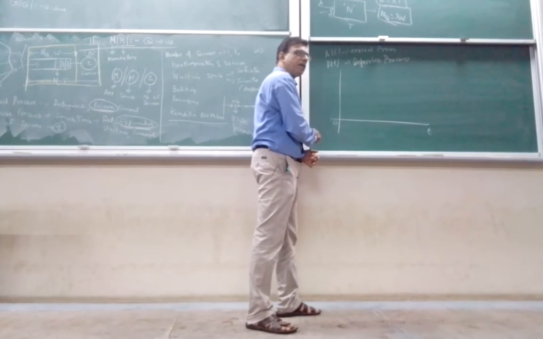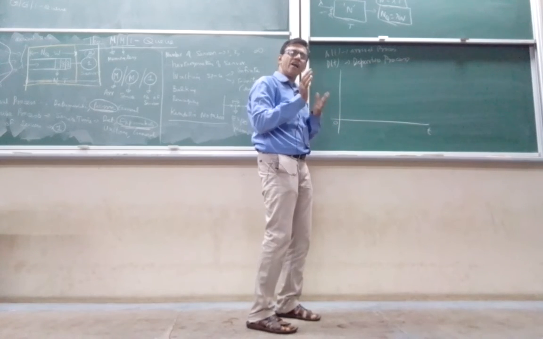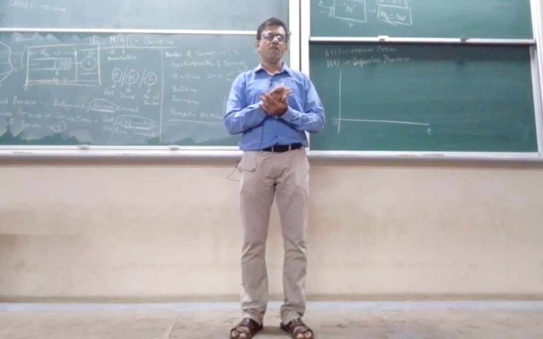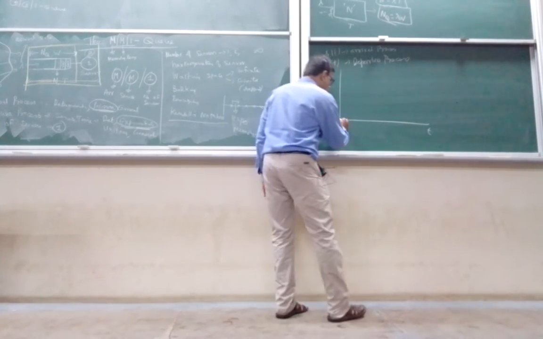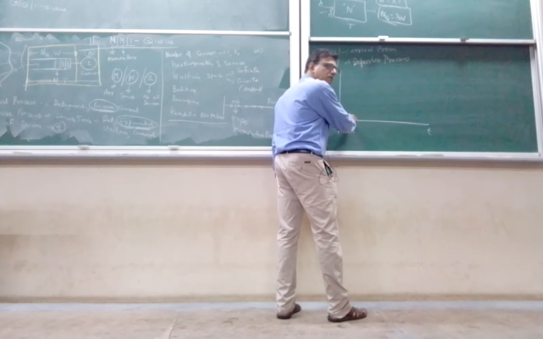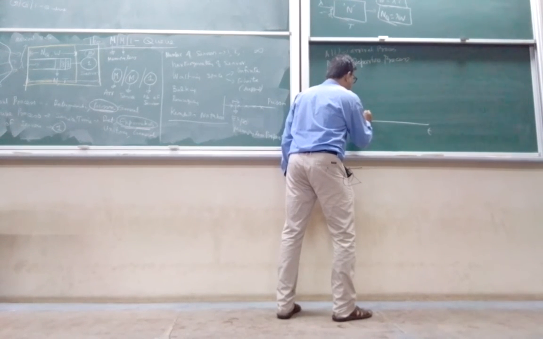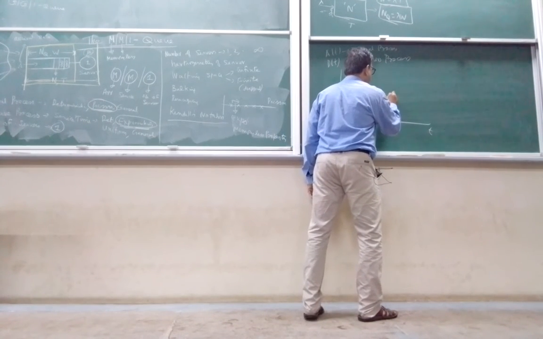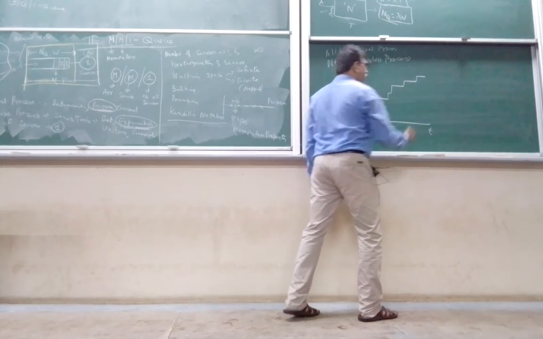If you plot it, A of T is a non-negative integer quantity. When an arrival occurs, A of T increases by 1. So maybe the first customer arrives here, then A of T becomes 1. Then the second customer arrives here, then it becomes 2. This is how A of T can be.